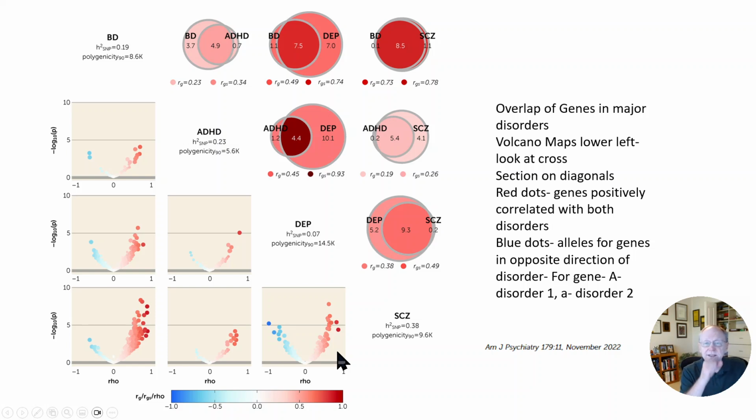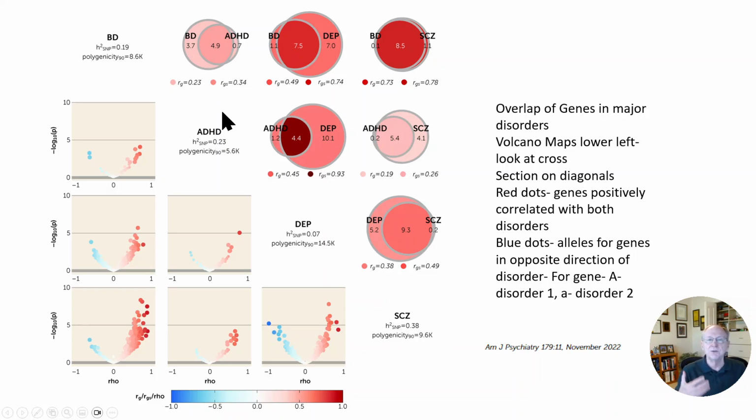Now, I'm really going to hammer on this in the schizophrenia lecture, and it gets back to this whole issue of polygenicity and pleiotropy. The polygenicity shows you how many variants are estimated to be involved. So we see 8,000 in bipolar disorder, 5,600 in ADHD, 14,000 in depression, almost 10,000 in schizophrenia.